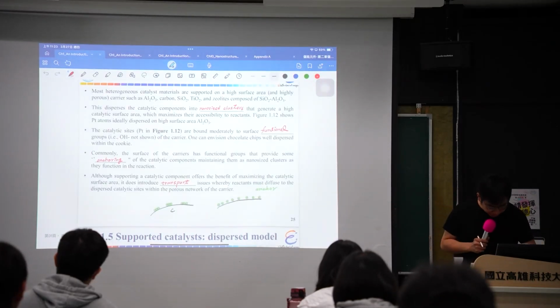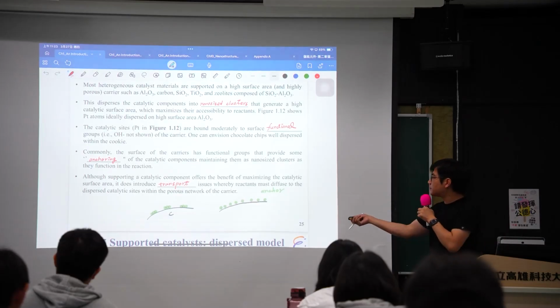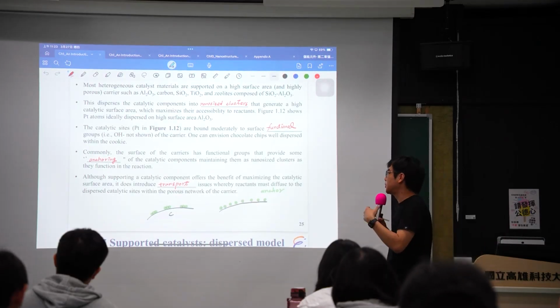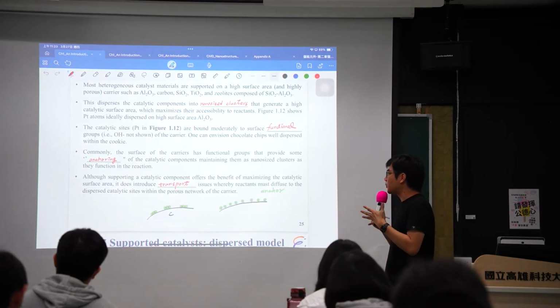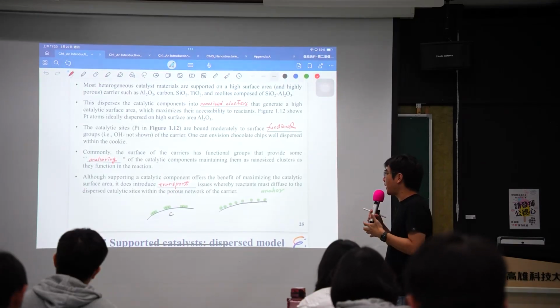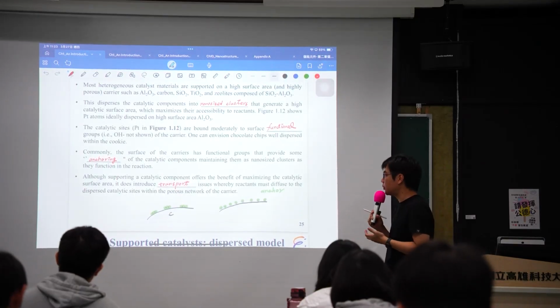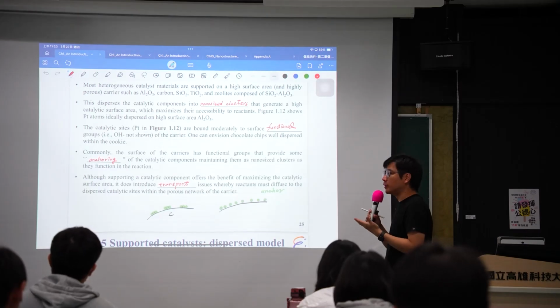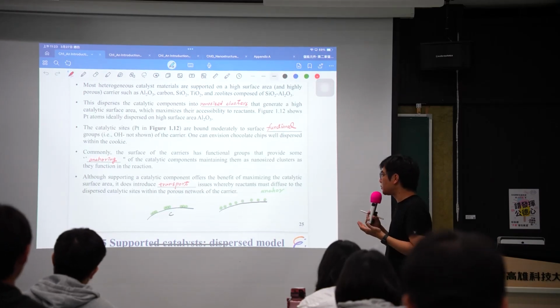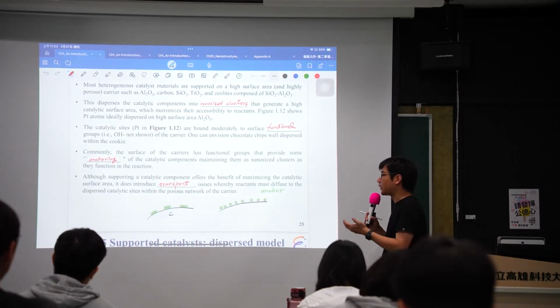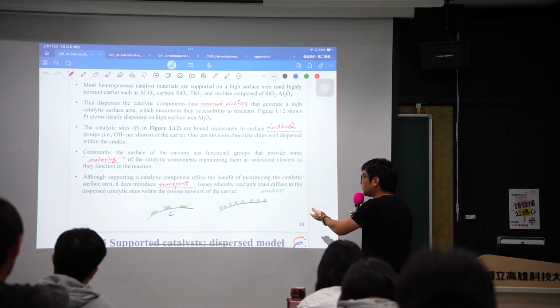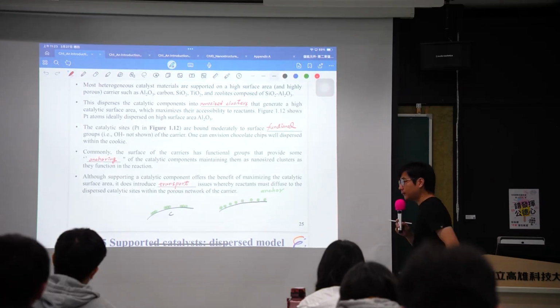Okay. So you can disperse your catalyst onto a 3D structure, which is good for reactant transport. Okay, like I showed you the data.